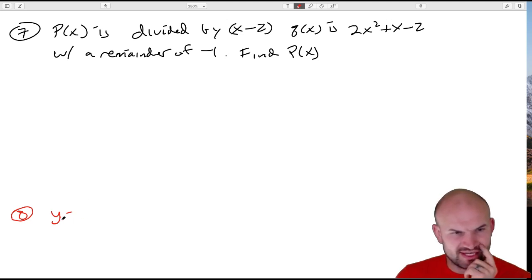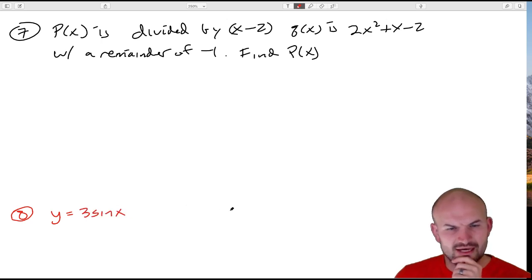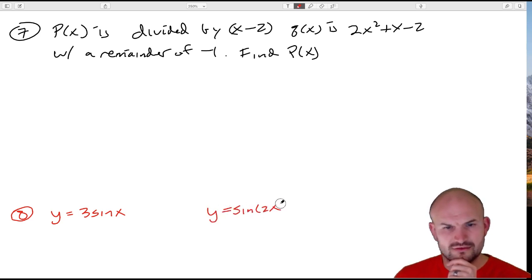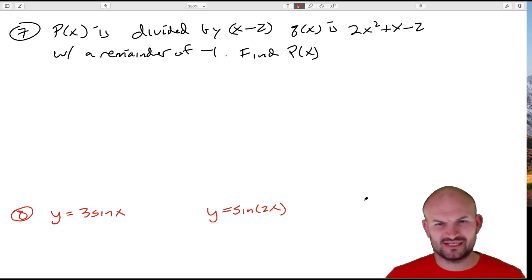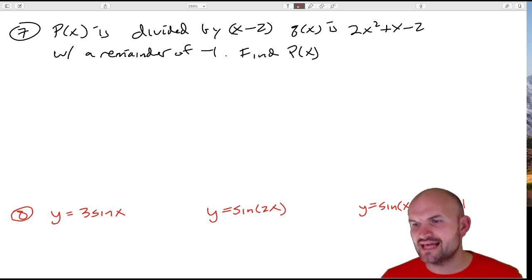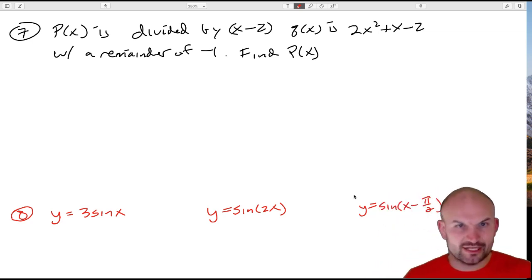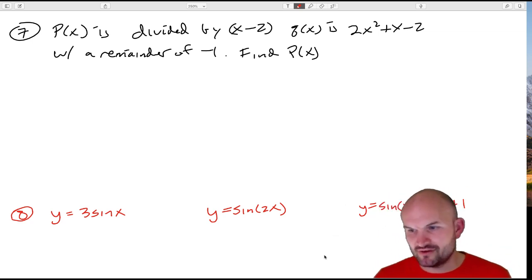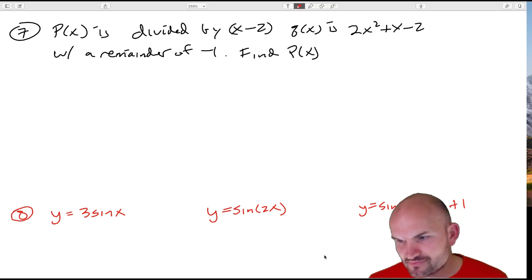I think they gave me y equals 3 sine of x. Let's do y equals sine of 2x. And then I can't remember what else they did, but let's just do one like this: y equals sine of (x minus pi halves) plus 1. So we'll do something like that, hopefully just seeing all those transformations so you can apply them to different things.